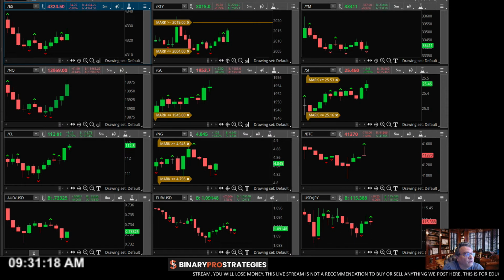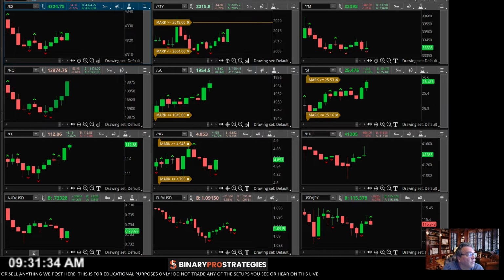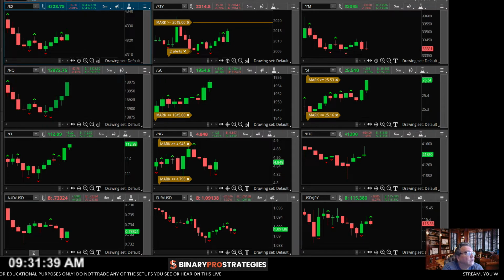It's going to be our reverse short. 2004 is still going to be our stop and reverse. Looking for a target of 2019 on RTY.